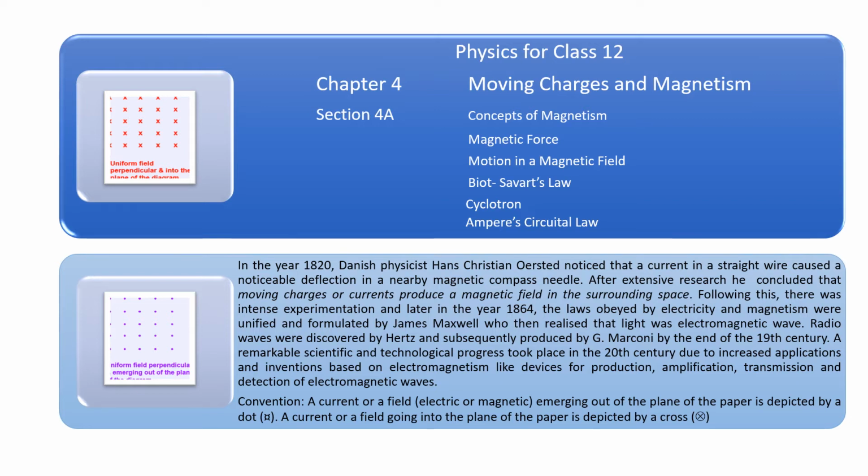Before we start, let us go through the conventions followed in studies of moving charges and magnetism. Number one, a current or a field, that is electric or magnetic field, emerging out of the plane of the paper is depicted by a dot. Here the violet color dots are shown.